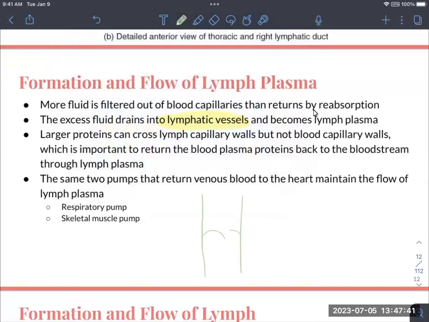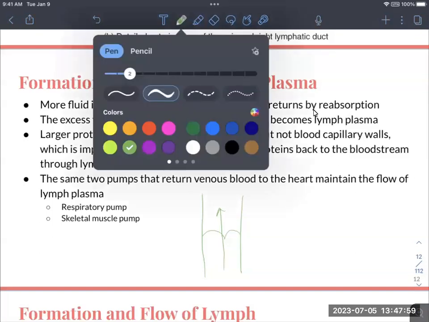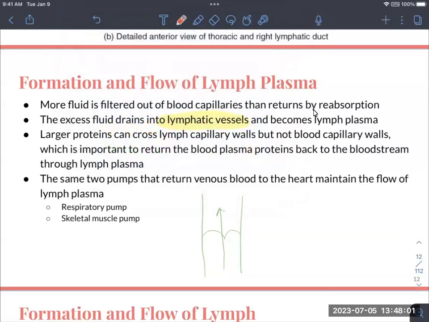So these valves come together, lymph goes up. These valves prevent lymph from going back, and those skeletal muscles, whenever they contract, we're pushing not only the blood from the veins up, we're pushing lymphatic plasma back up. So these are all kind of working together to allow lymphatic fluid to make its way back to the blood system, the circulatory system.